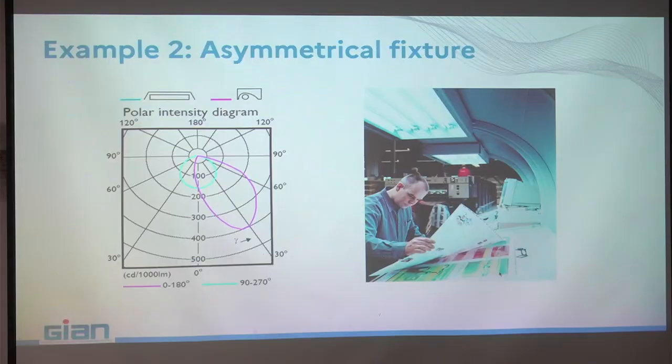This is another example. Here, this is a design office. The guy needs a lot of light on his desk. If you put the lights here, you will be in trouble because you will see the lights. Then you put the lights behind him. And of course you use fixtures sending the flux here.